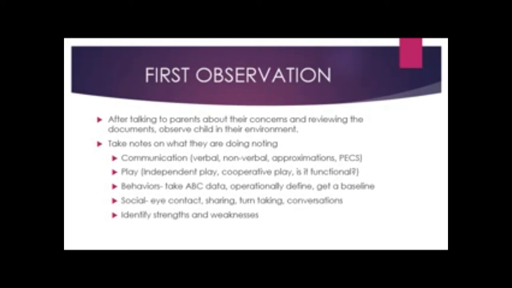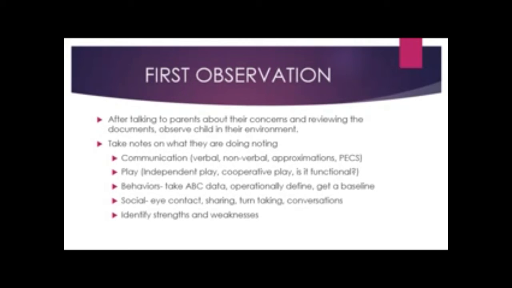So if you look at the packet, there is also a template for an FBA that we provided. And you'll see in the template, there is a section of strengths and weaknesses. And that area is broken up into learning, self-direction, self-care, independent living skills, receptive and expressive language, social skills, and play skills.